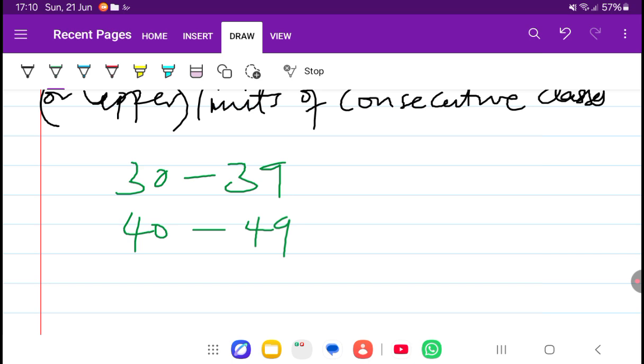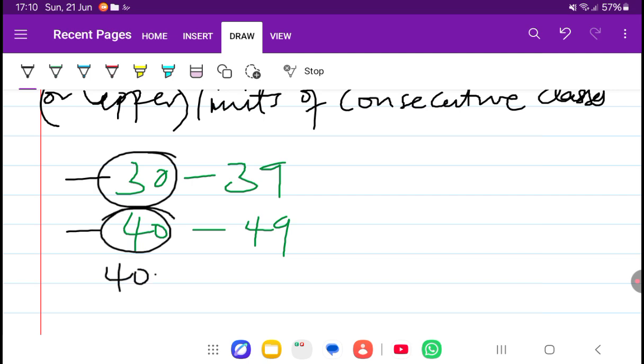If we are using the class limits, we just get the difference between the lower class limit of consecutive classes. This is class A, the consecutive class is this. So the lower limit, this is a lower limit, and this one is a lower limit. So we get 40 minus 30. That gives you 10. That is a class width.